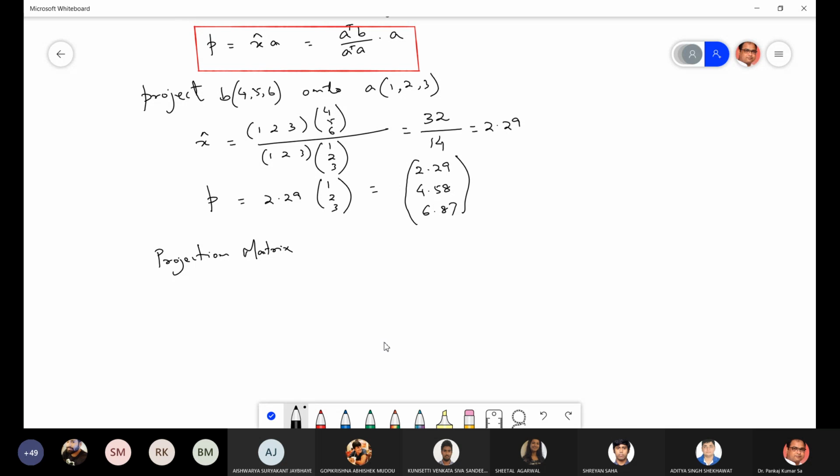Well, let me rewrite this. P is equal to x cap A, and this is equal to A transpose B upon A transpose A times A. Let me do a little bit of alteration.